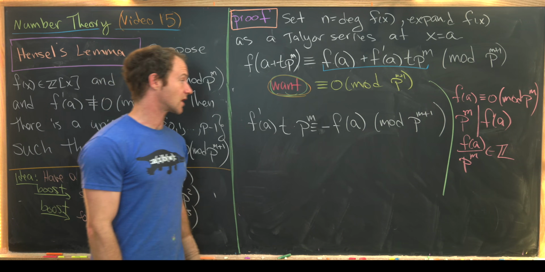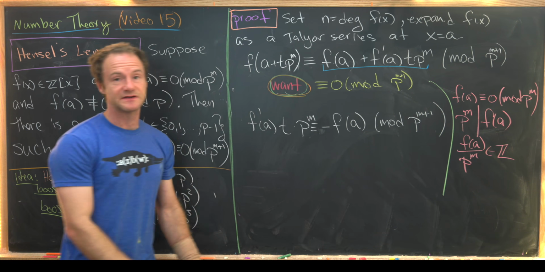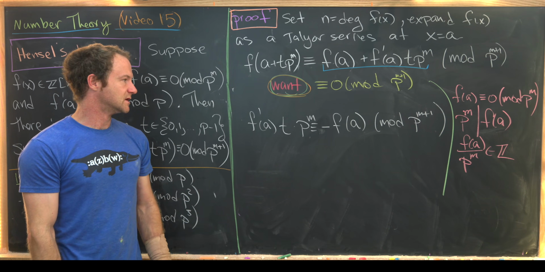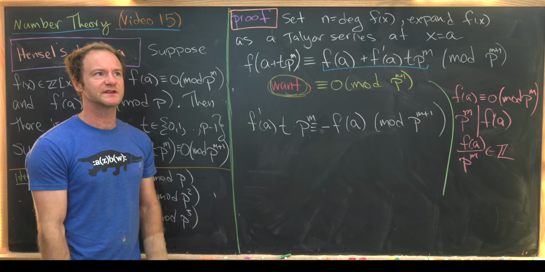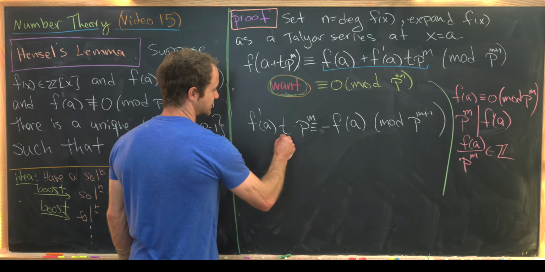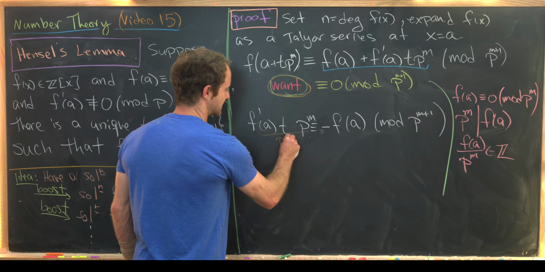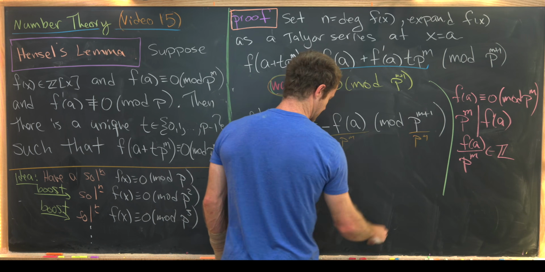Now from there, we can take all three parts of this congruence and divide by p to the m. So that produces an equivalent congruence. Now, I think that was something that was proven in a homework exercise earlier. So just to see what we're doing here, we're going to divide this by p to the m, this by p to the m, and then this by p to the m.